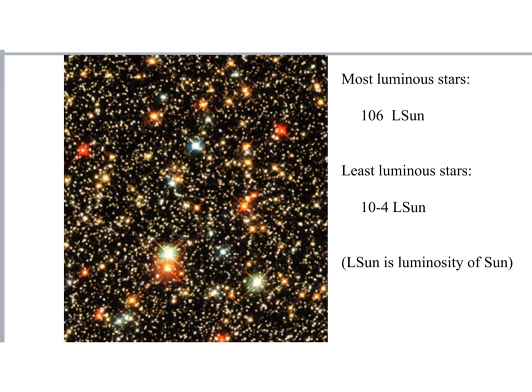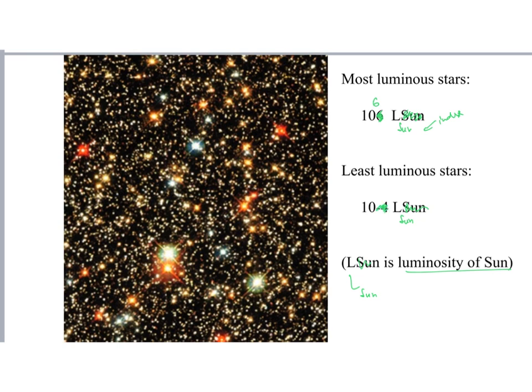So we get distances and we get the brightness, and this would be in L sun, the luminosity of the sun. That's a new unit here, right? So we get to measure the luminosities of the stars, from a power of -4 to a power of 6.